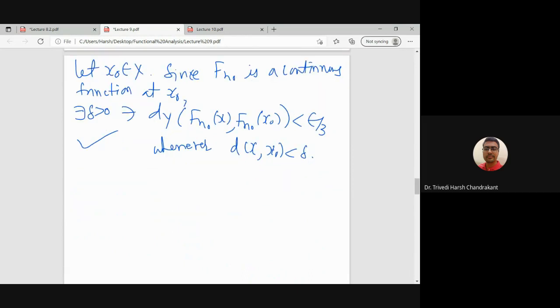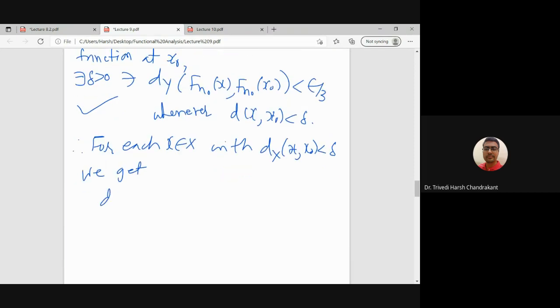Using these two, we will see that for every x in X, whenever the distance of x with x naught is less than delta, we want to show that the distance of f(x) with f(x naught) is less than epsilon, that is, that the function f is continuous at x naught. To show this is less than epsilon, we'll divide this using the triangle inequality into three parts.